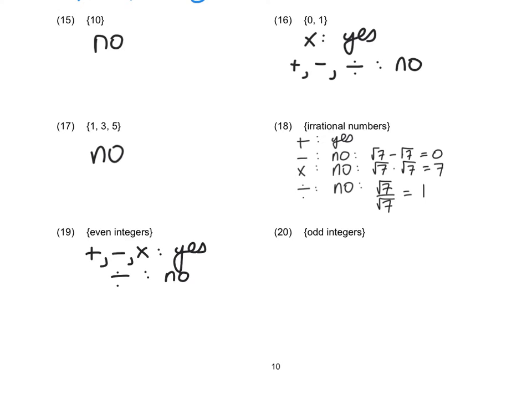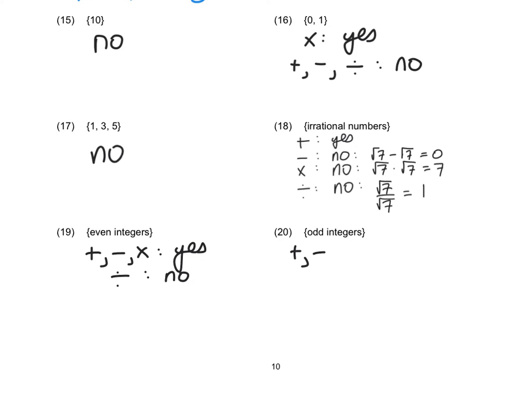Odd integers. Add two odds. What do we say? I mean, we addressed it before, but we say no. Subtract two odds. 1 minus 1. Is it odd? No. Multiply two odds. Well, it's all addressed on the previous page, right? Yeah, that's a yes. And dividing two odds. If I divide two odds, will it be odd?